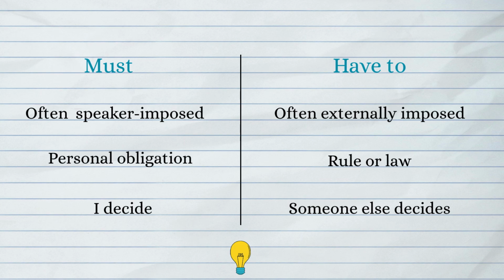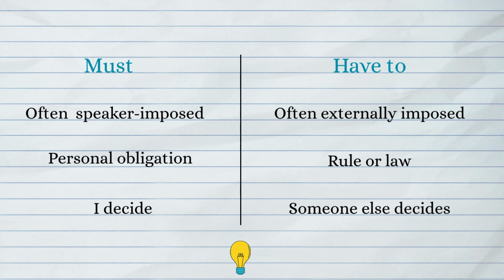Now, let's have a review. Both must and have to can express obligation, but the reason for the obligation is different. We use must when the speaker feels that something is important or necessary. It reflects a personal opinion, strong advice, or a decision made by the speaker.